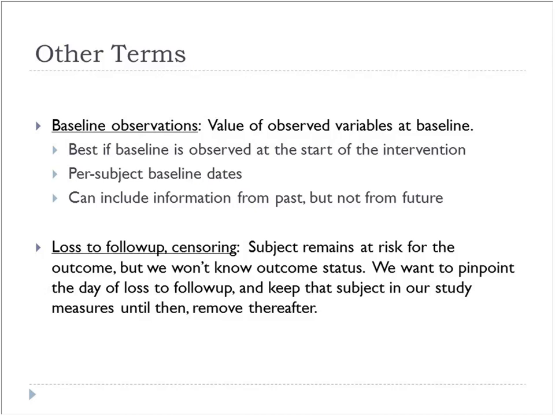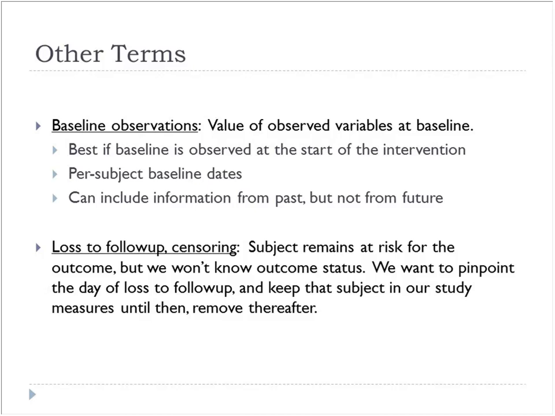Okay, so also a lot of the interventions we deal with in child welfare will have a time component to them, and we'll be looking for times to an event. When you're looking at times to an event, we're looking into the future, and along the way, we may lose track of some of the subjects.